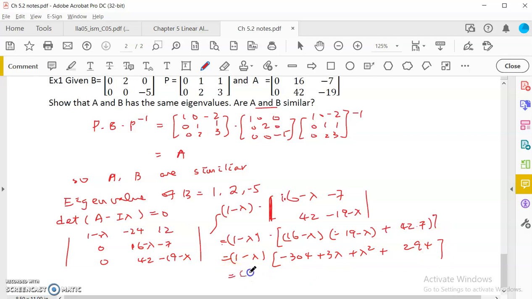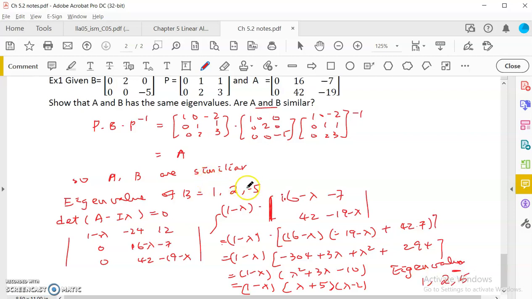After you simplify, it will be 1 minus lambda times lambda squared plus 3 lambda minus 10. This equals 1 minus lambda, lambda plus 5, lambda minus 2. So the eigenvalues are 1, 2, negative 5, which is the same as B. Okay, they are similar.